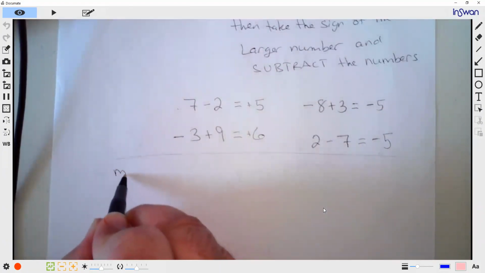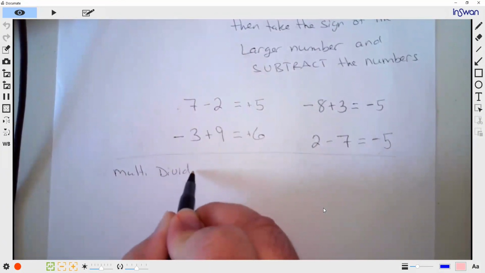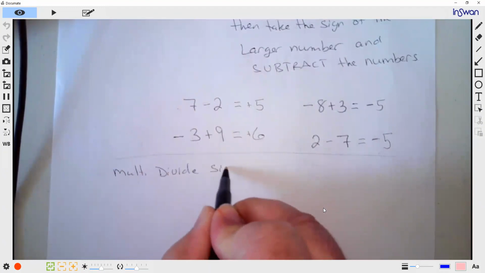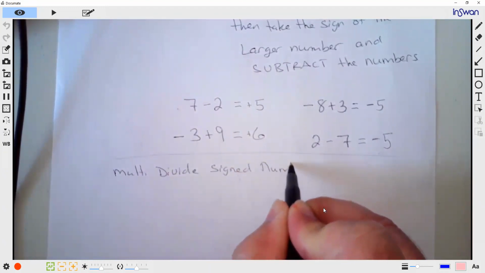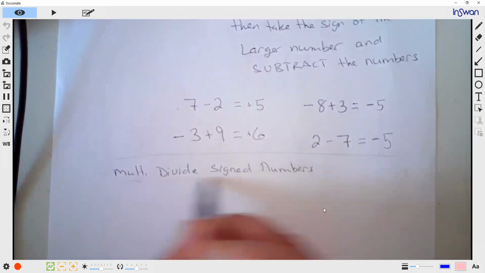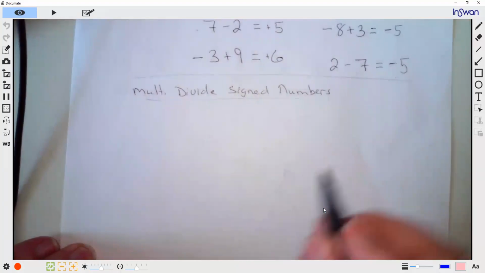Now when you multiply and divide signed numbers, this is the rule.